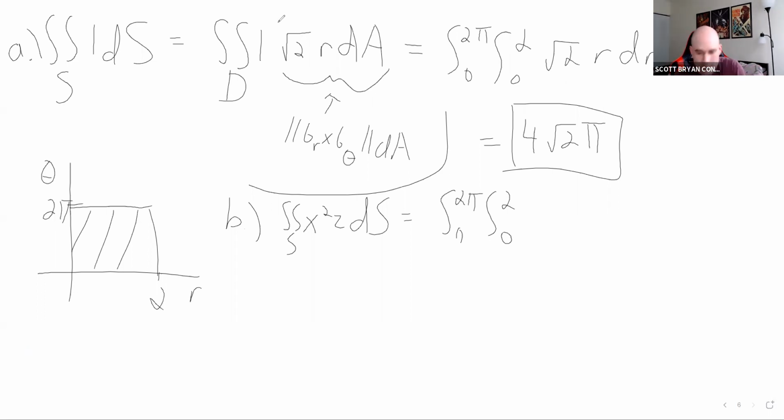So x squared z becomes r squared cos squared theta, z becomes r, and then dS becomes square root 2 r dr d theta.